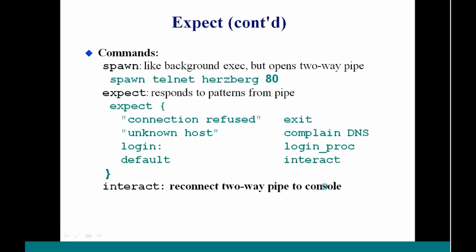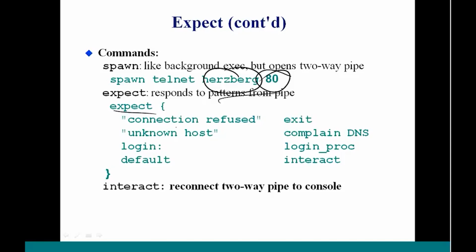So in expect, the commands are like this. Basically, there is a command called spawn. You can say it's telnet, and which machine, which server, and then what is the port number. So expect responds to patterns from the pipe.